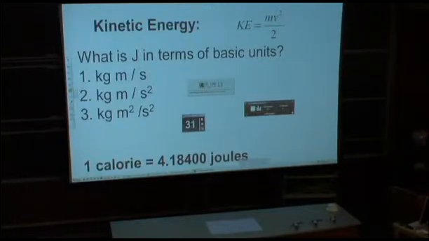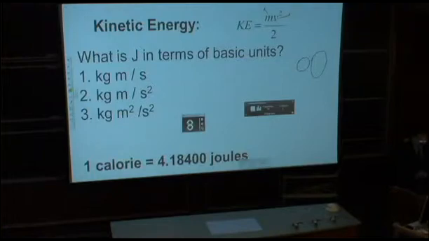This is a review question from lecture number 1, right? What do we have to do? We have to know the unit for each variable. The unit of mass is something, the unit of speed is something else, and the unit of speed should be squared.